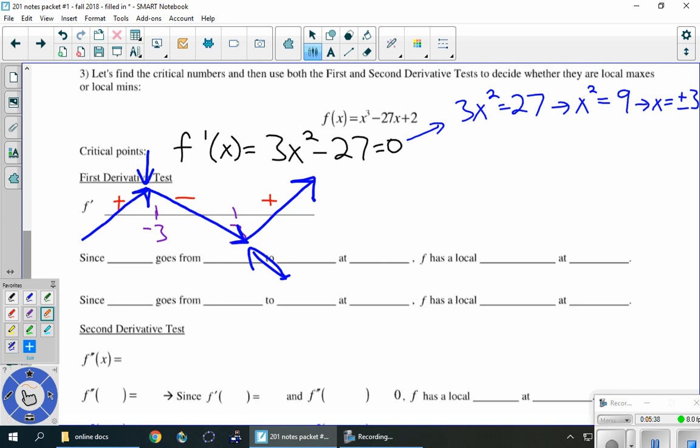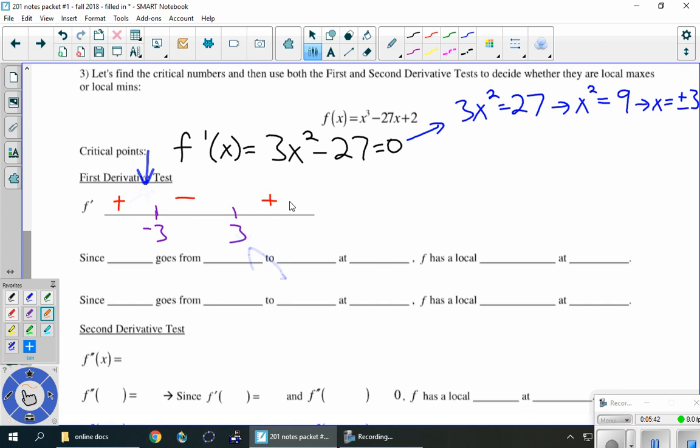We'll fill in the blanks with these familiar justification sentences at the end of the first derivative test. Since f prime goes from, let's say the first one, the -3 one, goes from positive to negative at x equals -3. So to the left of -3, f prime is positive. Just to the right of -3, f prime is negative.